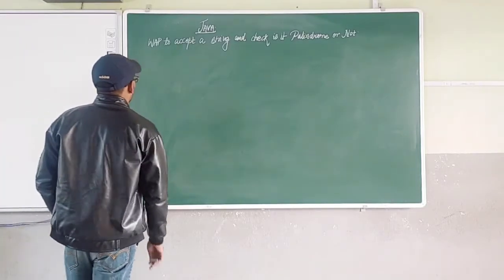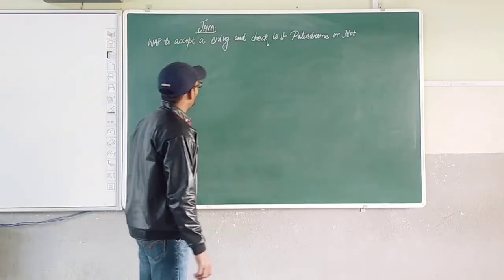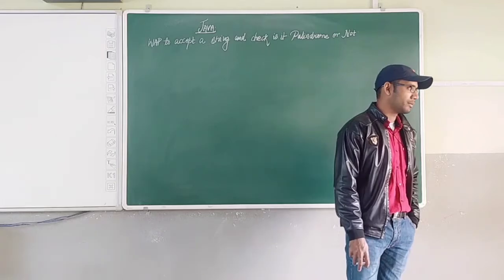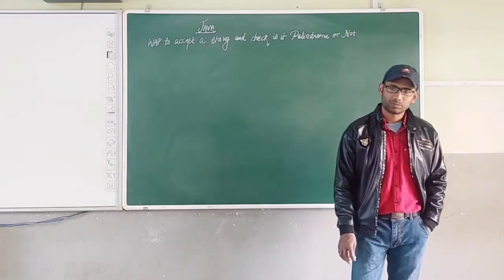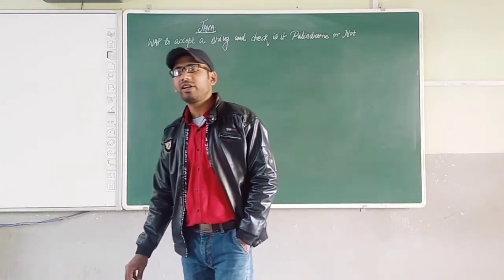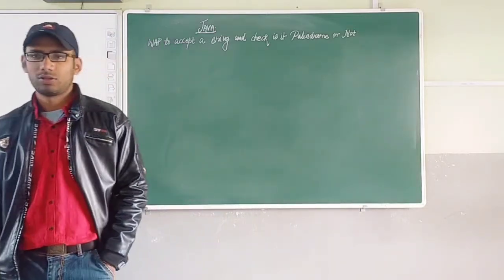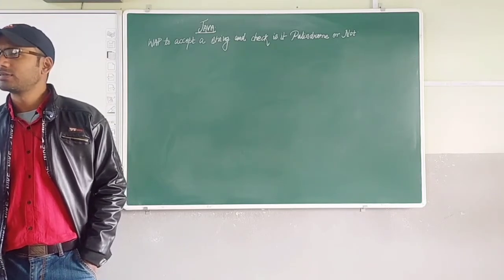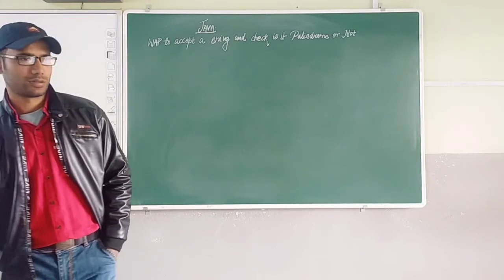Okay. So the question states, write a program to accept a string and check is it palindrome or not. That means we are supposed to accept a string from user, and check whether it is a palindrome or not.